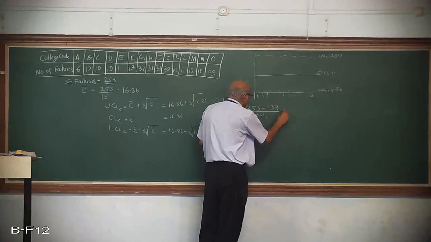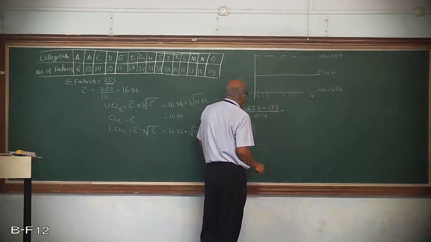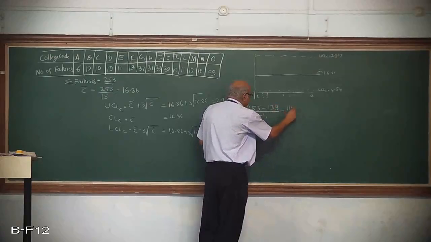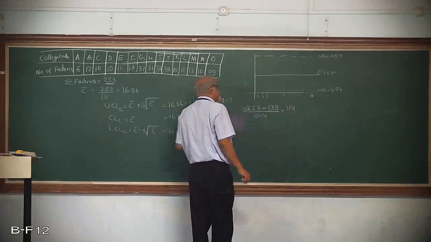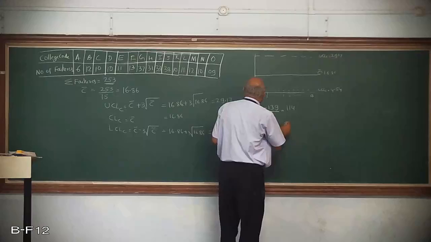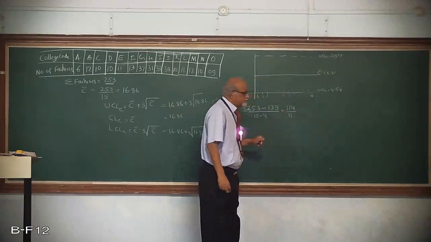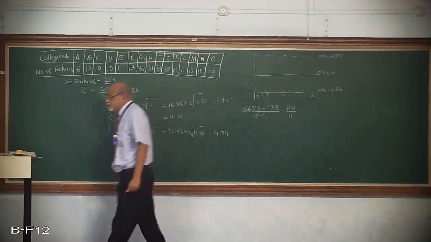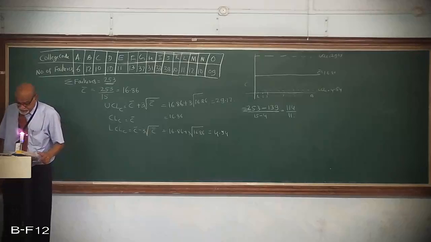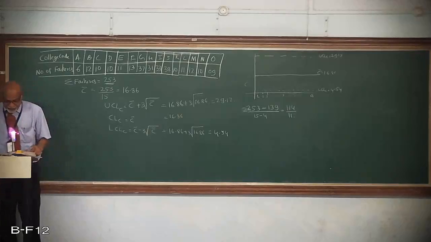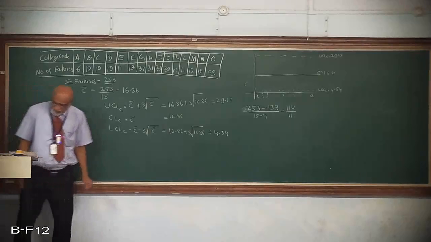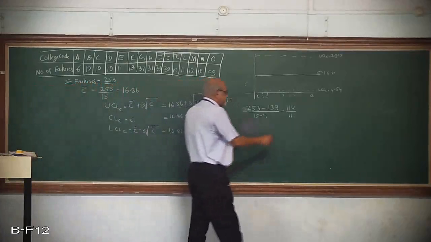So this works out to be 114 divided by 11, which will become around 10 point something. So it works out to be 10.36.